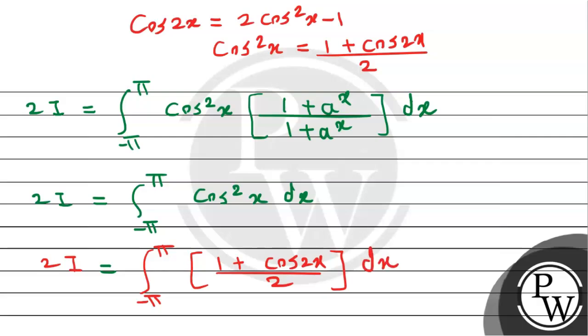Now we will take the integration. The 1 by 2 goes to the other side, so the 2 becomes 1 by 2.